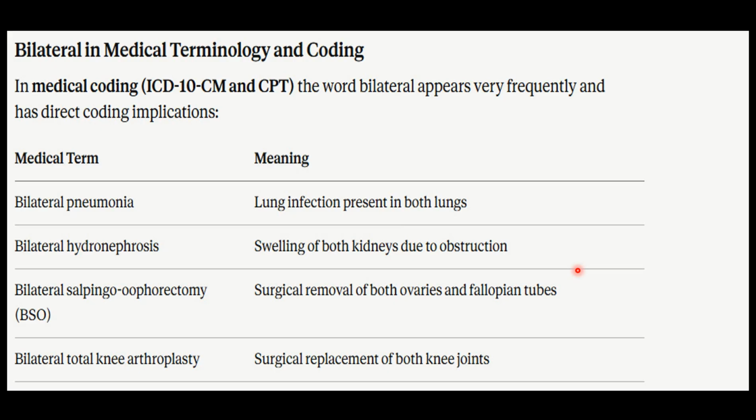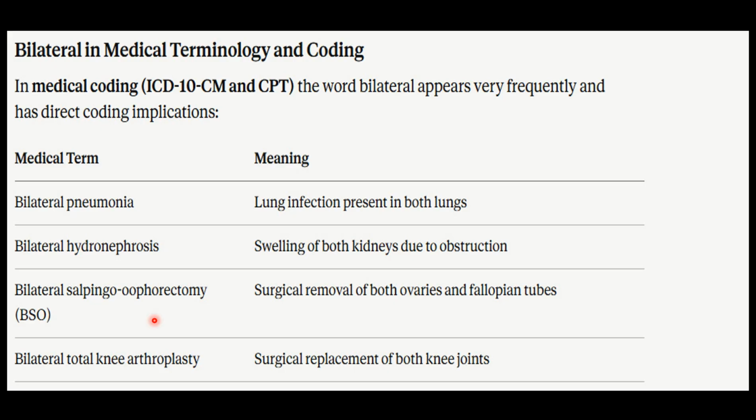Okay, so it totally depends on how you are utilizing this term. If it is related to both things, then we have to utilize it. Okay, so I think this part is now clear. Now we are going to talk about the next example, that is bilateral salpingo-oophorectomy. Okay, which means surgical removal of both ovaries and fallopian tubes.